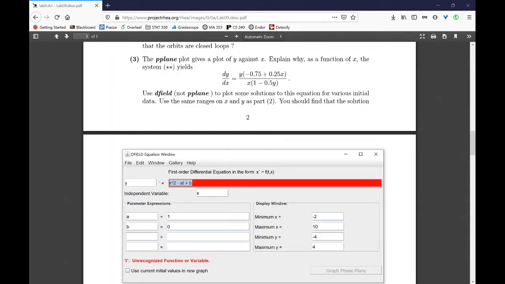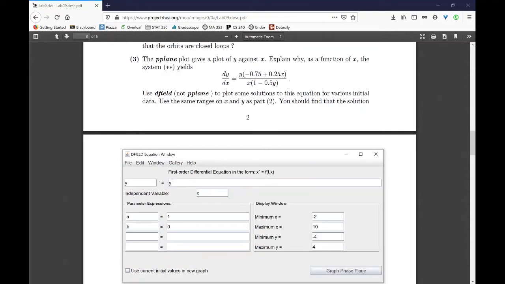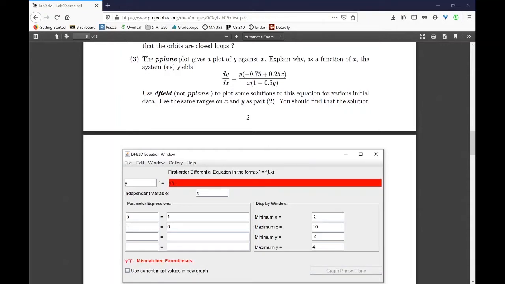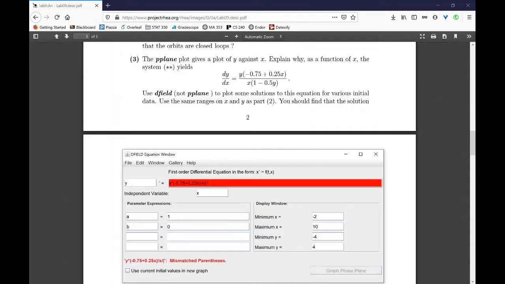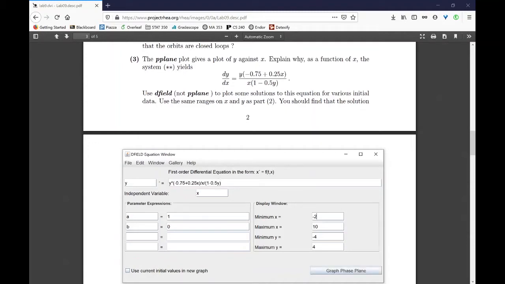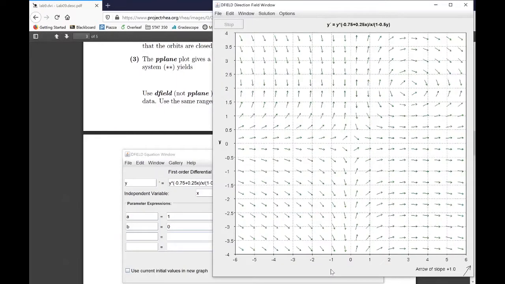Y prime is equal to y times negative 0.75 plus 0.25x divided by x and divided by 1 minus 0.5y. And we're going to use the same ranges, so we have negative 6x, positive 6x, negative 4, positive 4. And let's graph it.